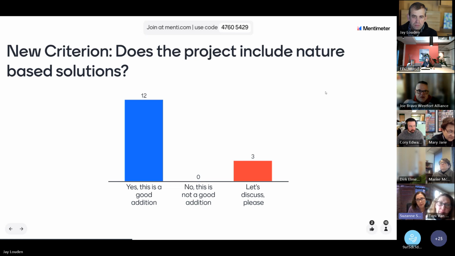We tried to get away from LID because low impact development is a term that a lot of people don't understand. Nature-based solutions is a little bit easier in that it does have the word nature in it, but it still seems like a technical term that people don't quite understand.